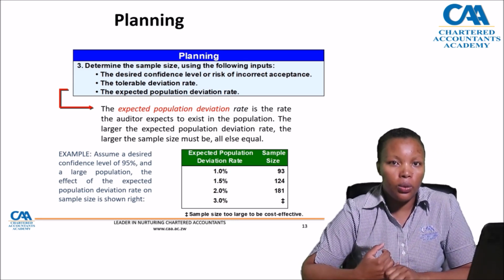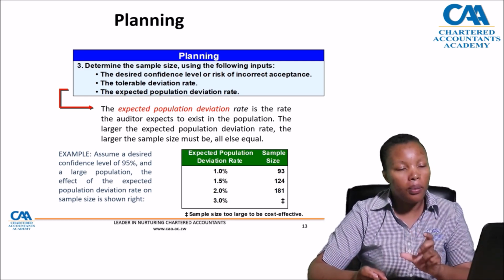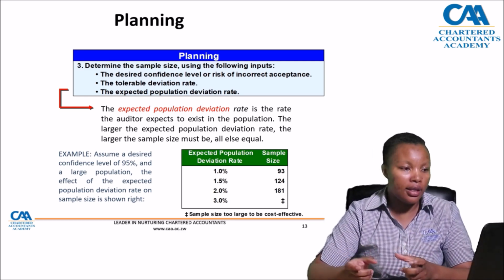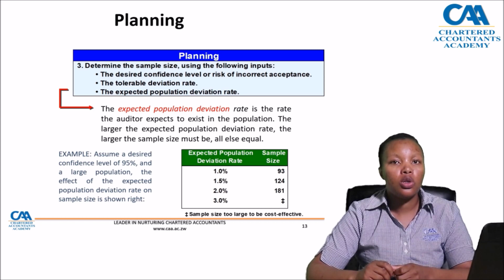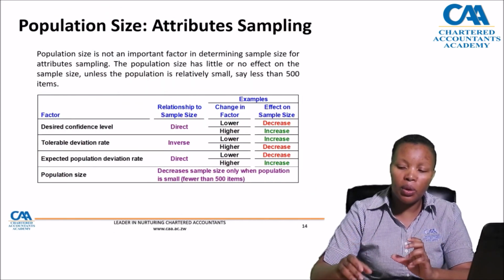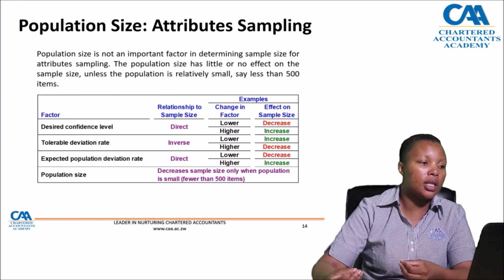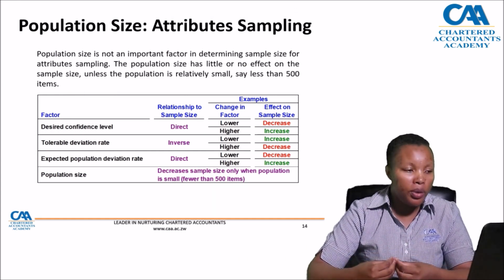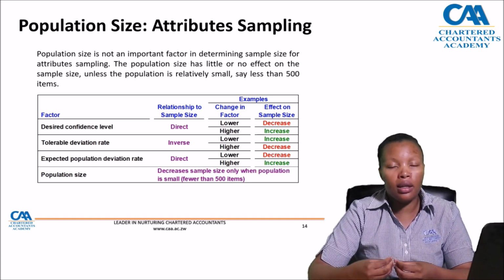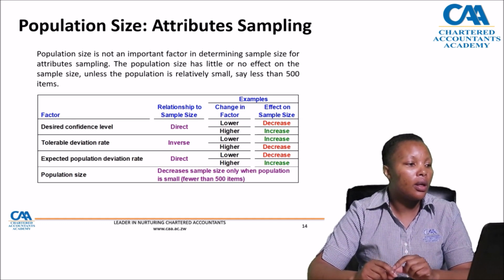And then lastly, we're going to look at the relationship between population size and sample size in terms of attribute sampling. In general, when you're using attribute sampling, looking for particular attributes within your sampling units, the population size is not an important factor in determining the sample size.